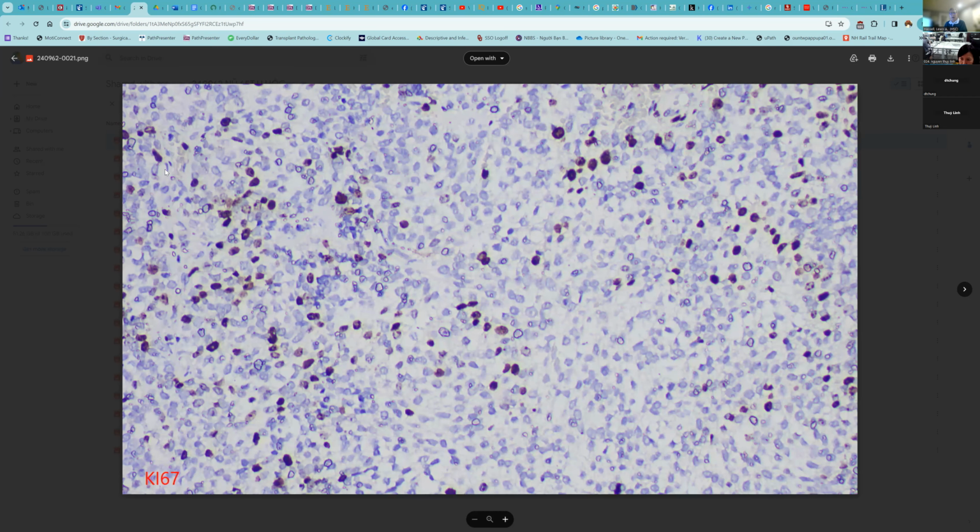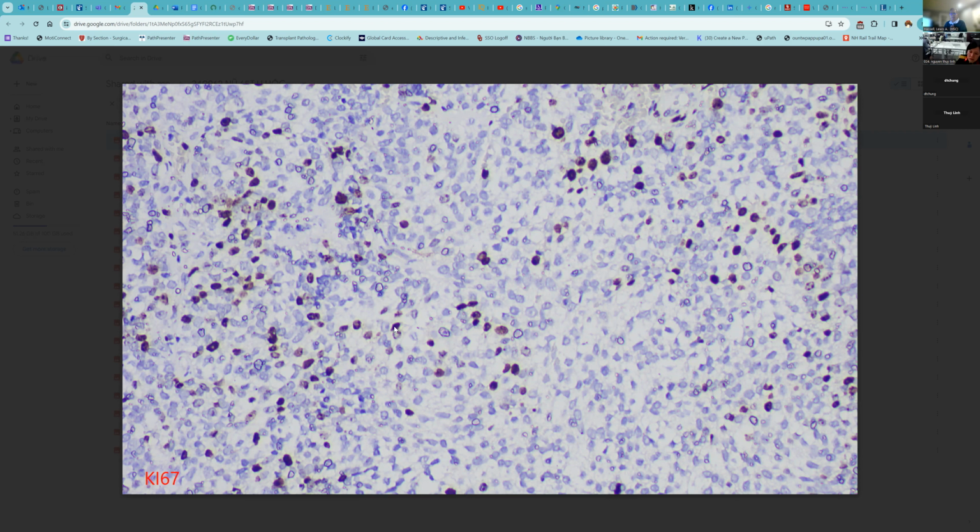But still a pretty high proliferation rate, which I think probably takes it out of the sinonasal undifferentiated carcinoma category, because this Ki-67 is only maybe 20 to 30% at the most.